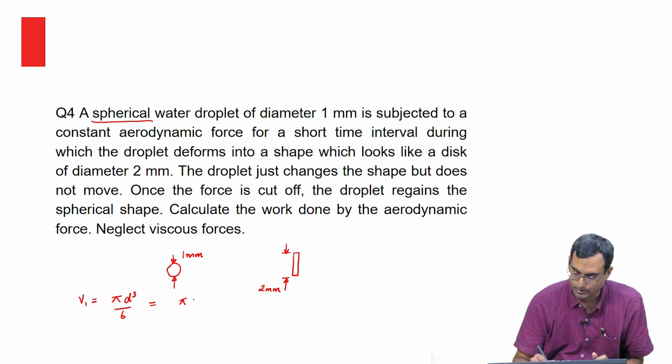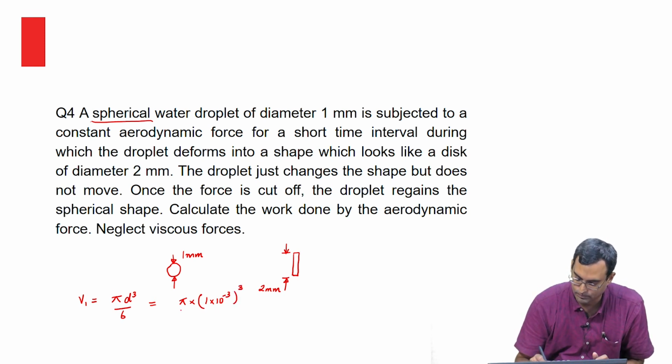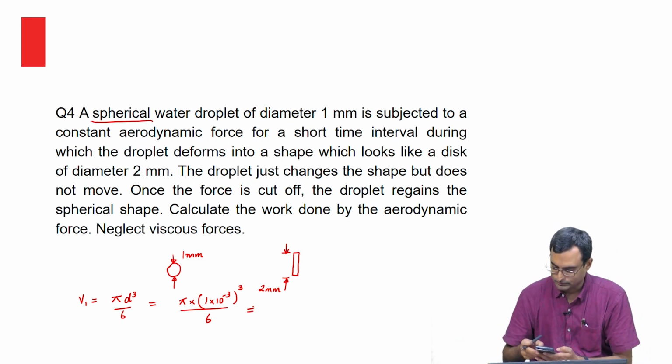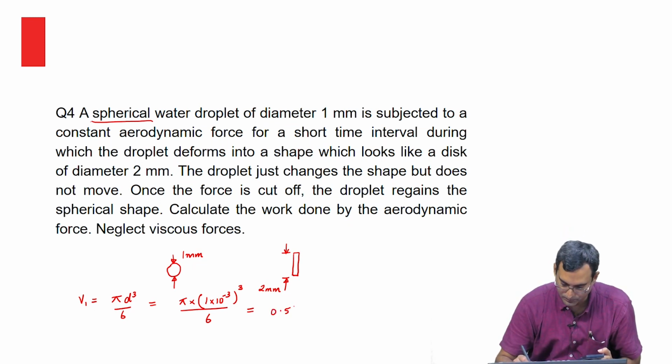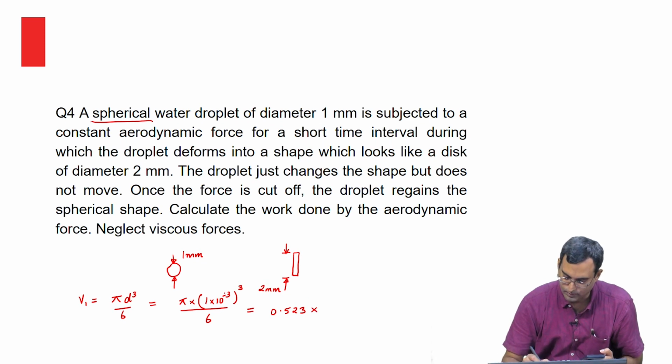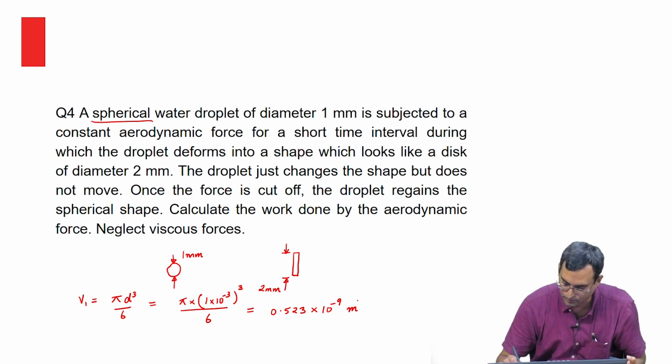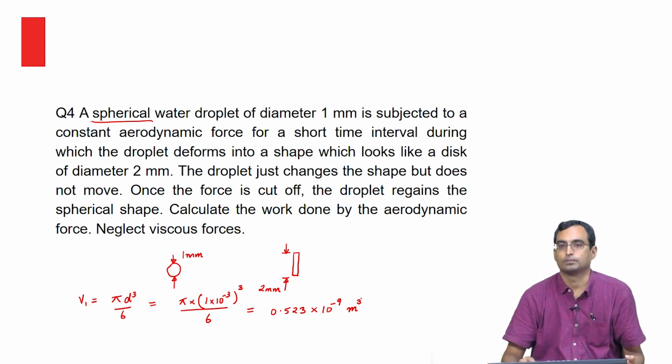So, that is pi into 1 mm, which is 10 power minus 3 meters, the whole cube, divided by 6. That is 0.523 into 10 power minus 3 cube. So, that becomes 10 power minus 9 meter cube. So, this is the initial volume of this sphere.